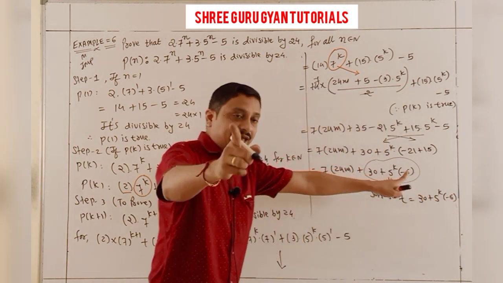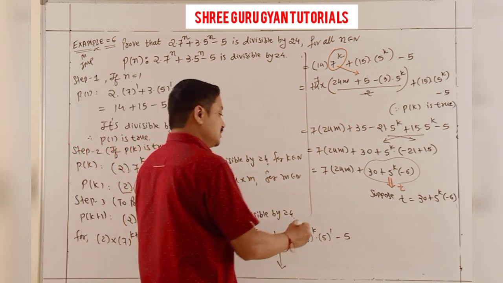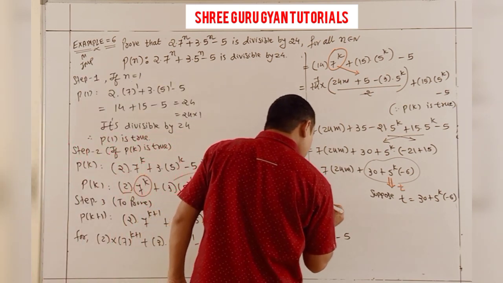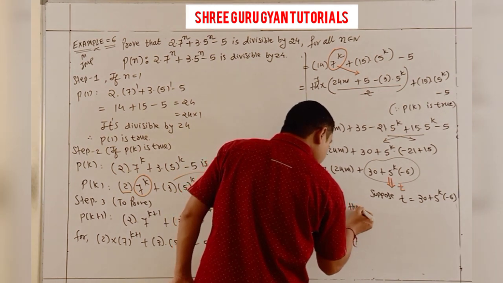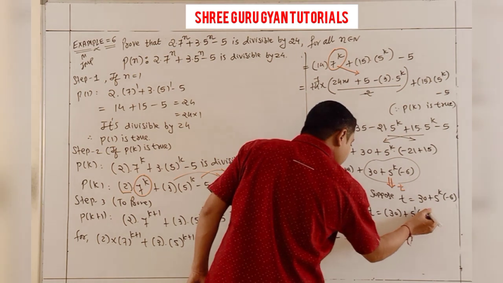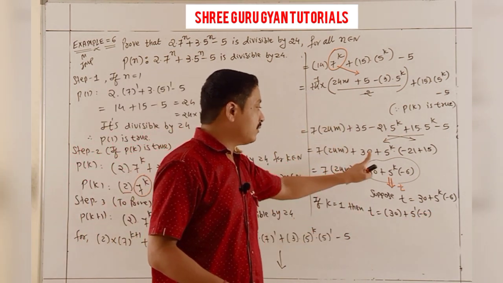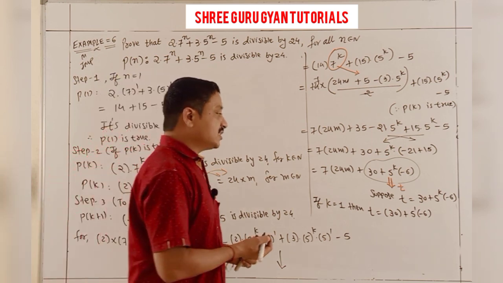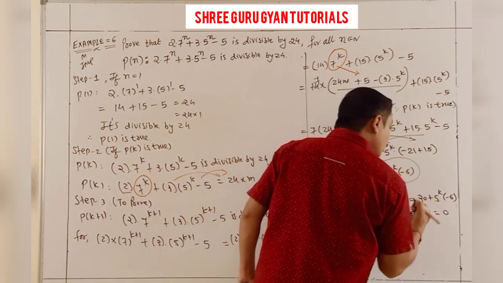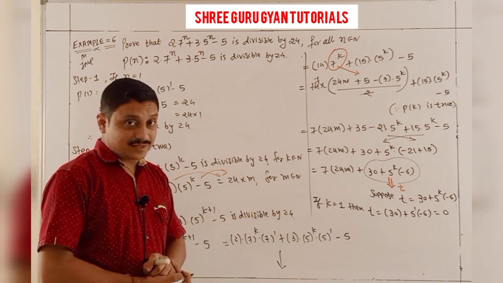And what is k? Every natural number. So if k is 1, then what is T? 30 plus 5 to the 1 times minus 6. Here the k value is 1. So 6 fives are 30, and indirectly it is 0. Sure, 0 is divisible by 24?